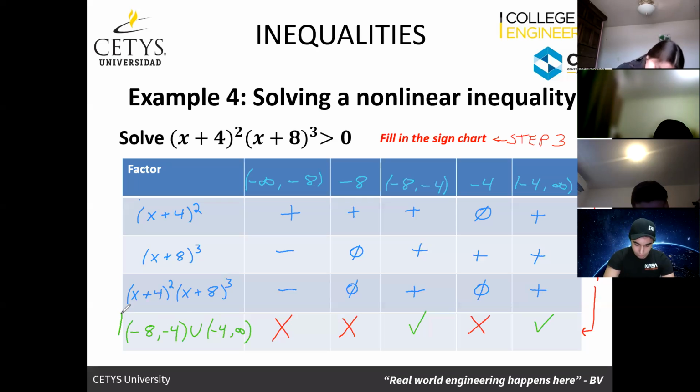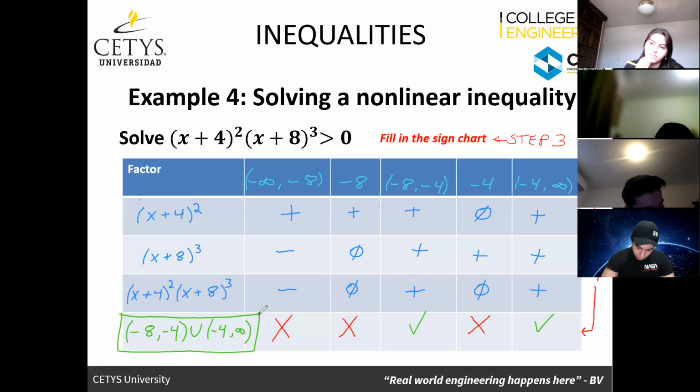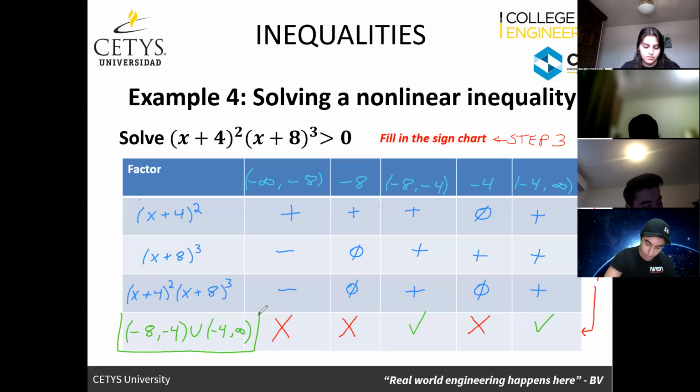This would be our solution. Okay. What this means is if I take any number within those intervals, it should comply with the original inequality.